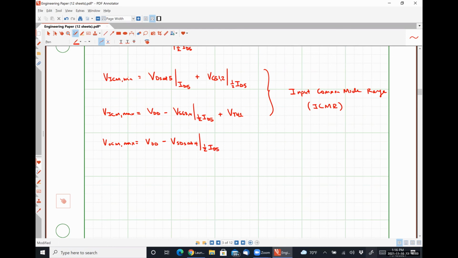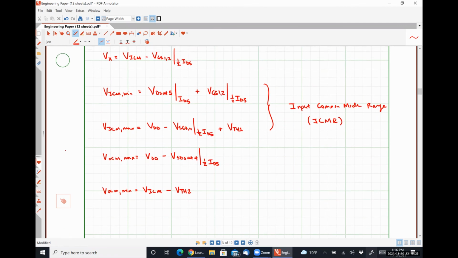And as our output common mode voltage decreases, we'll see that there's a minimum level, VOCM min, which is equal to VICM minus VTH2, right?